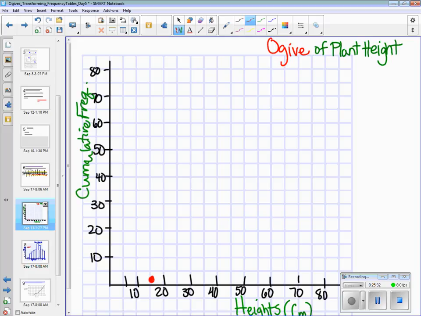All right, so between 20 and 30, what was the plant height? Up to 6. All right, between 30 and 40, 13. I'm going to show you what to do with the points in a minute. Between 40 and 50, 22. 50 and 60, 32. 60 and 70, 48.